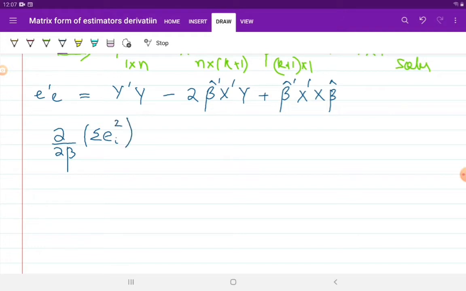So differentiating the matrix, I will get this as minus 2 times x transpose y plus 2 times x transpose x times beta hat.